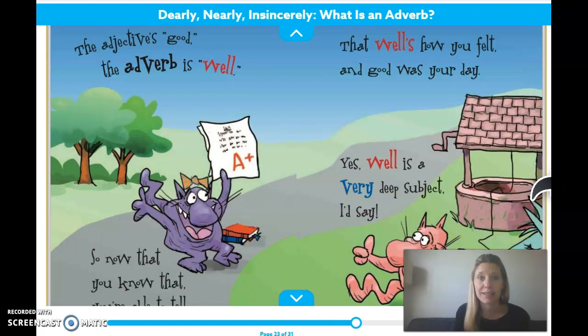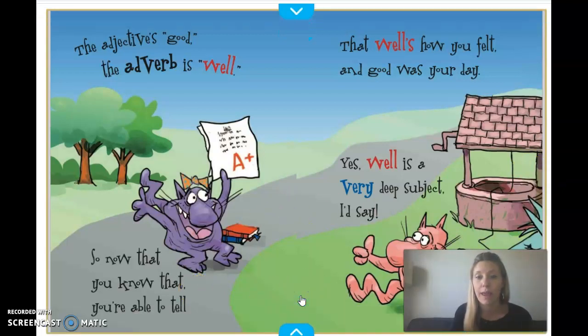The adjective's good, the adverb is well. So now that you know that, you're able to tell that well's how you felt and good was your day. Yes, well is a very deep subject, I'd say.